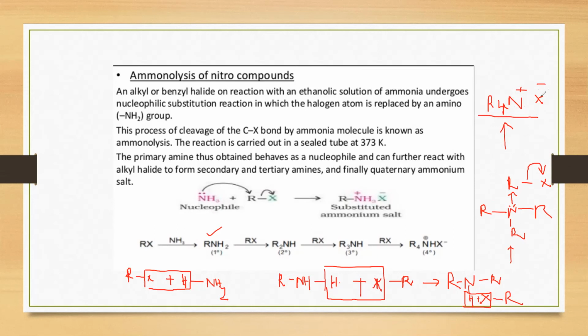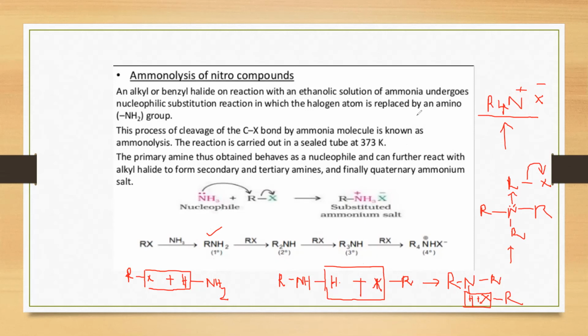A halide ion or a similar uni-negative ion should be in the vicinity of a quaternary ammonium ion to neutralize the charge. So this is how it is happening: primary amine, secondary amine, tertiary amine, and finally quaternary ammonium salt.